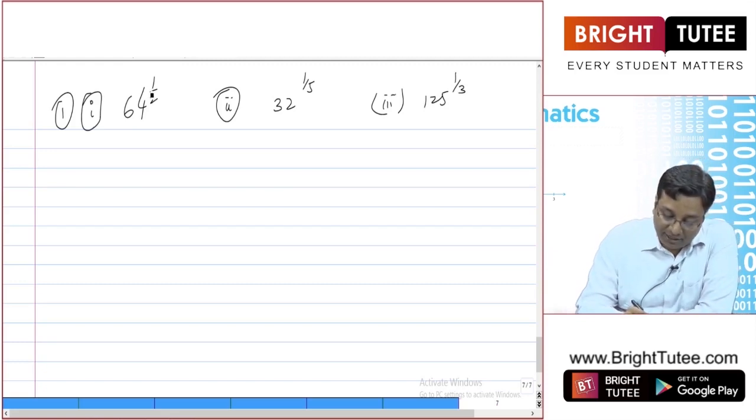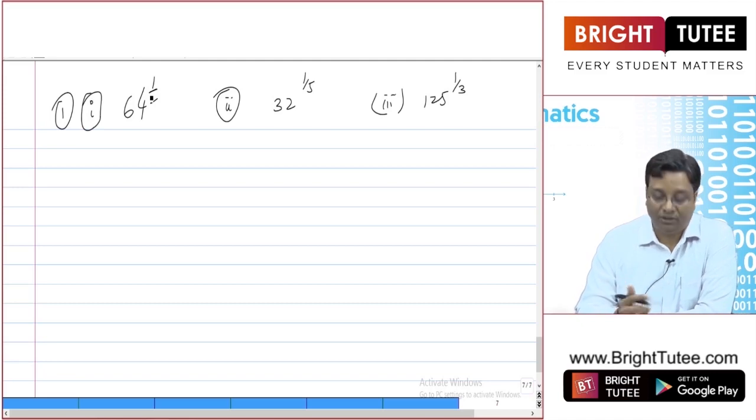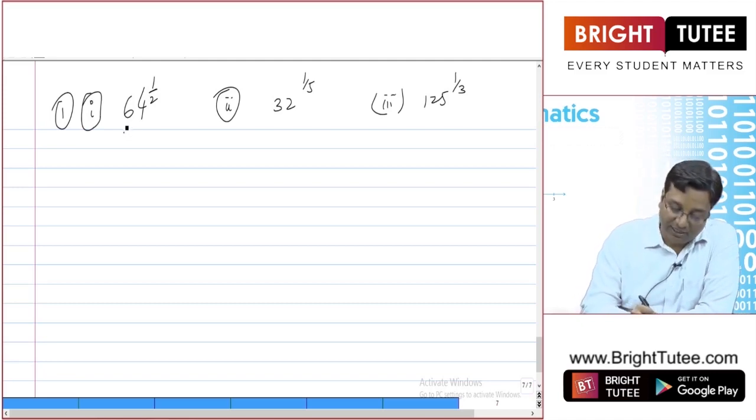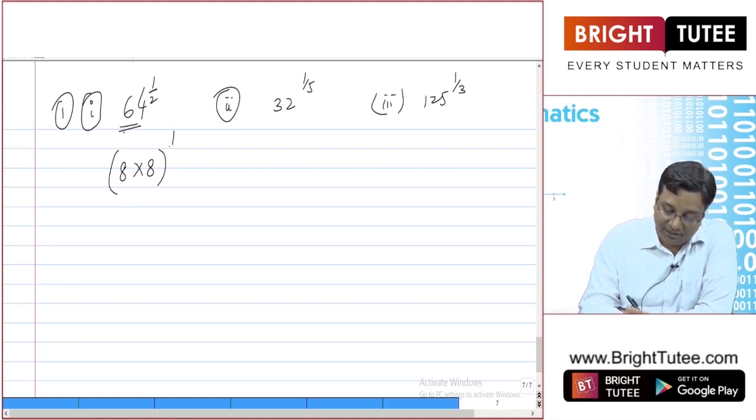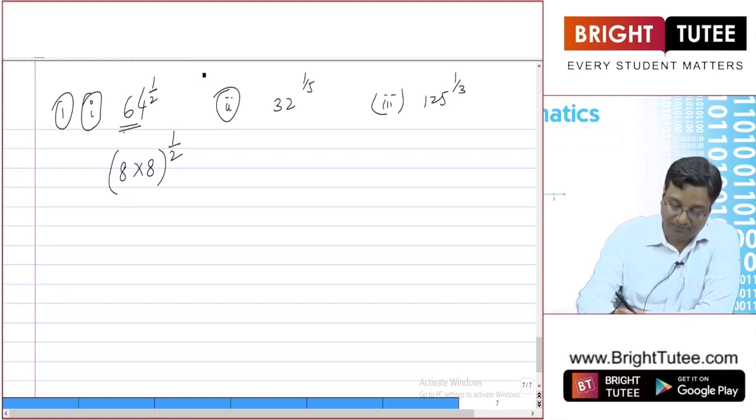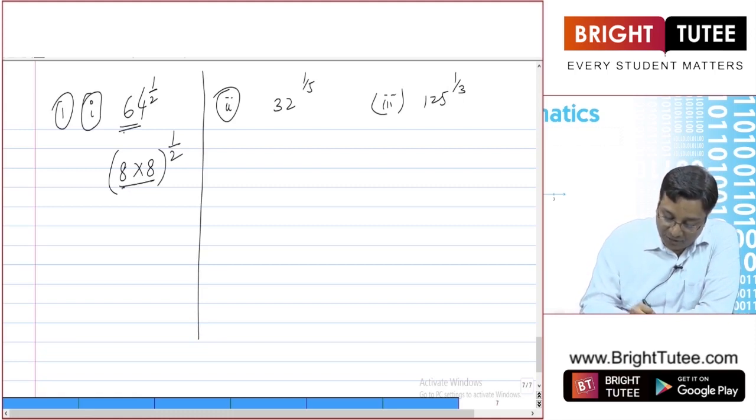So when it is raised to 1 by 2th power, you just need to find its square root. Or let us understand it like this. If I break 64, I can write it as 8 into 8, right? And it is raised to 1 by 2. So 8 into 8 can be written as 8 square and then you raise it to 1 by 2th power.